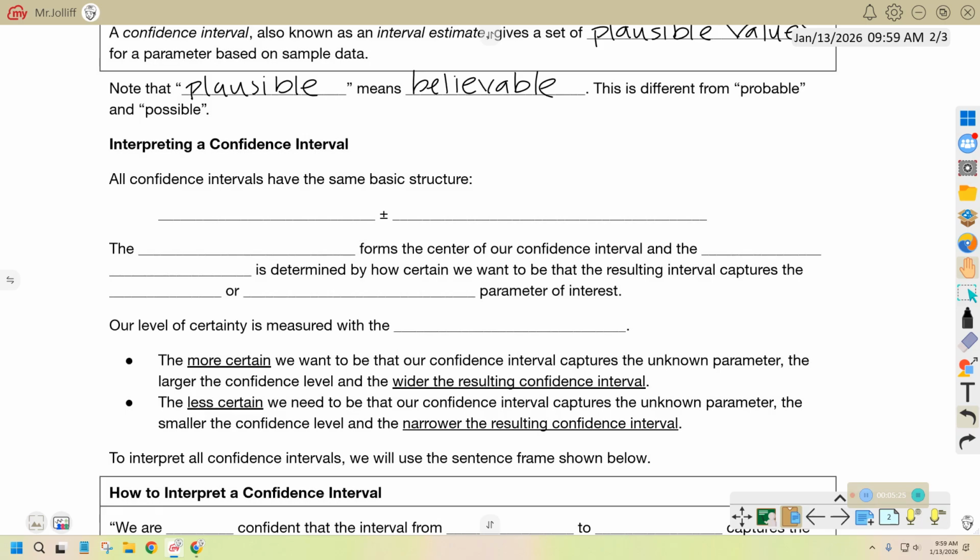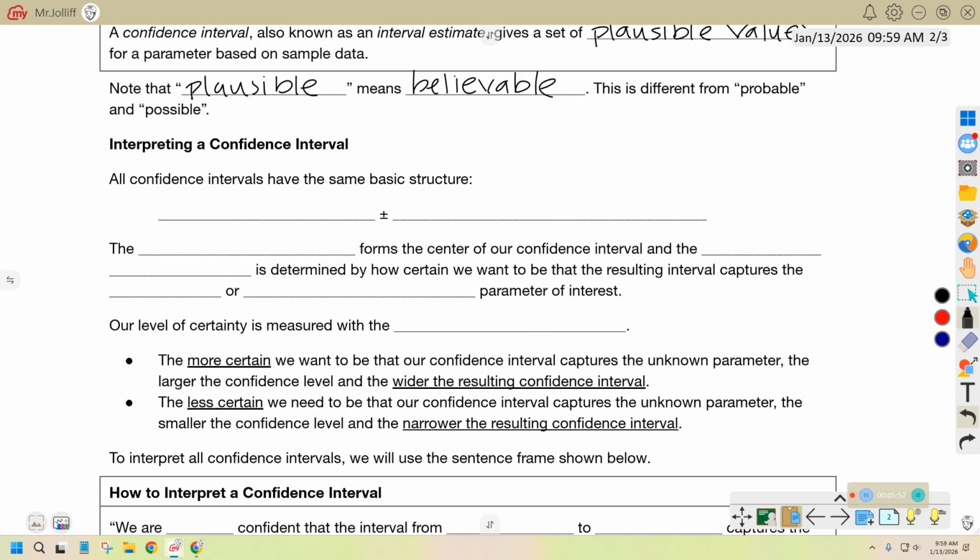So today we're going to focus on interpreting, and we're going to learn 2 sentence frames today. We like sentence frames because you're going to use them for every unit for second semester. We're going to see the same sentence frames over and over again. That's why we're starting with sentence frames before we get into the math. So the first thing you need to know is that all confidence intervals for every unit we're going to do this semester have the same structure.